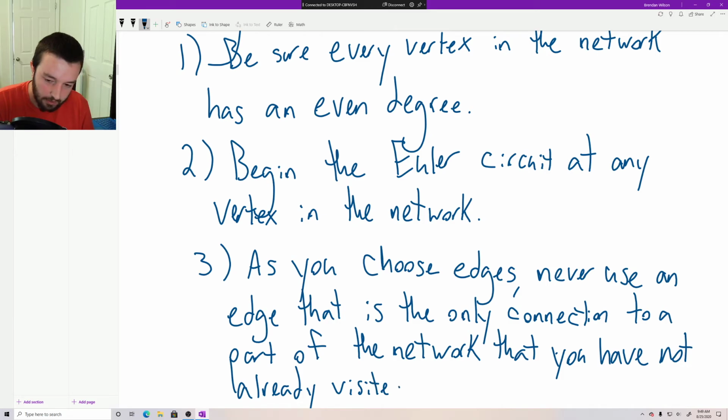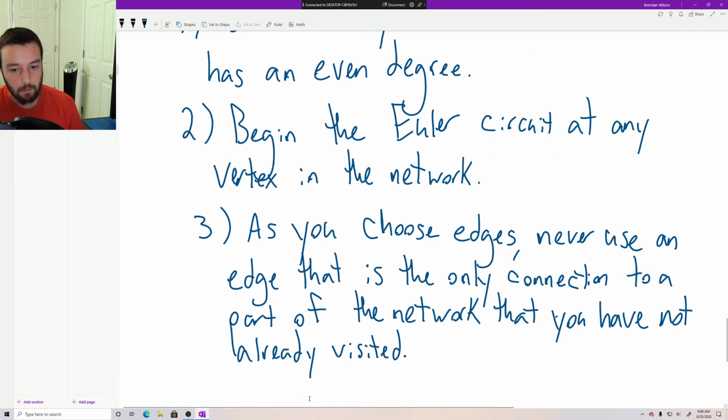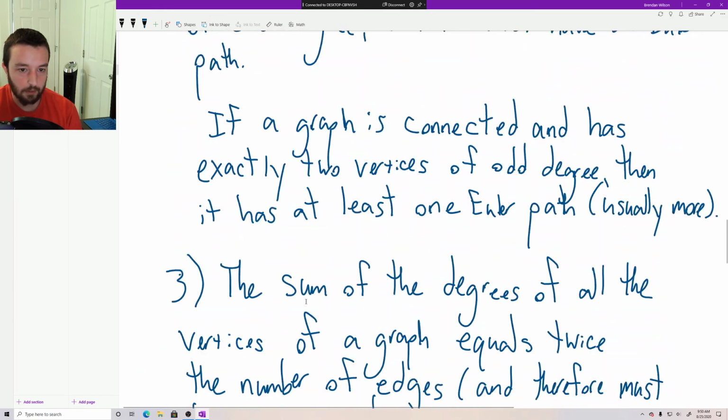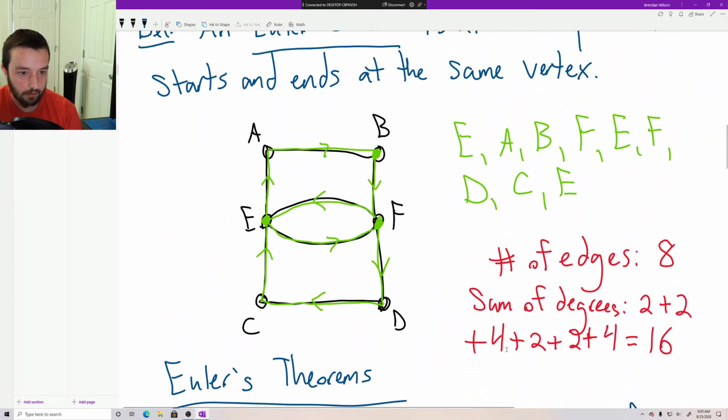Okay, this one's a bit longer, so let's think about it. So if you haven't been there and this edge that you're thinking about is the only way to get there, don't use it. Okay, let's go back up and think about what this would mean in this one here.